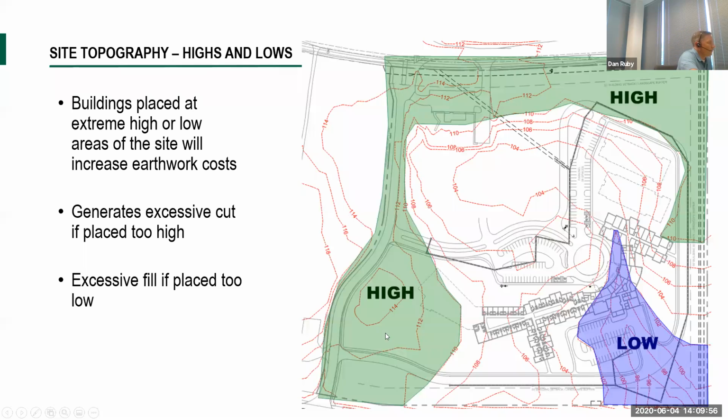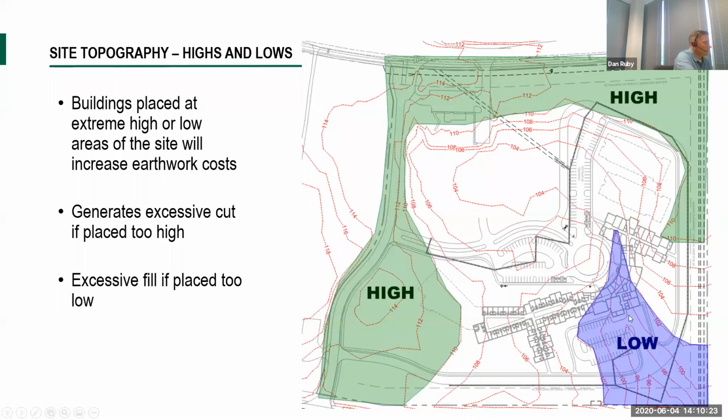So if you have a decent amount of topography, like this example does, if you select your building site in a high area, a lot of times you end up having to have an excessive cut to be able to level out the site. So you're cutting down the high to kind of average things out.